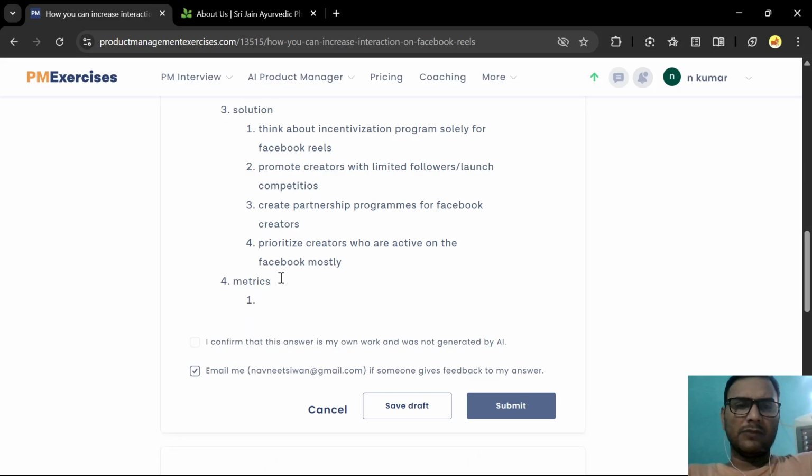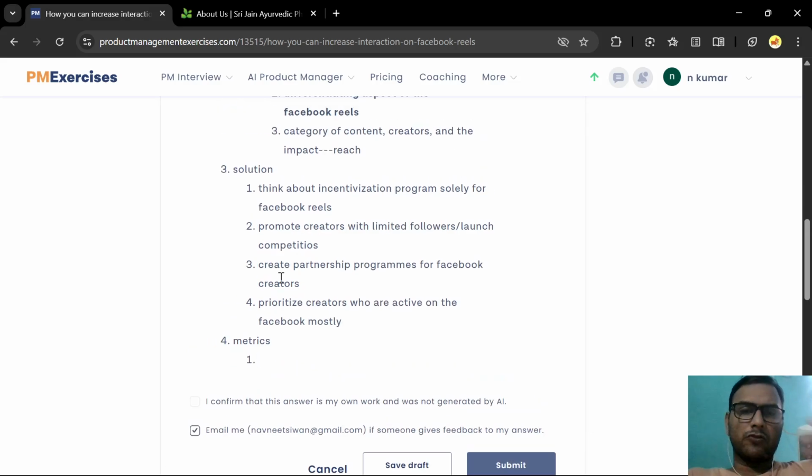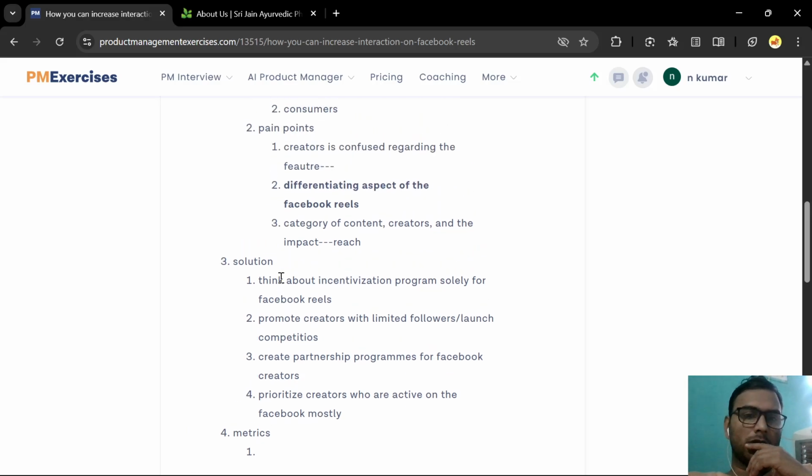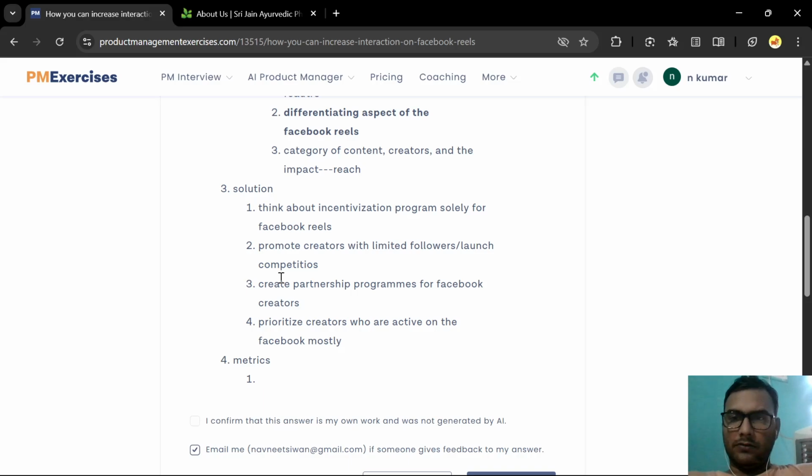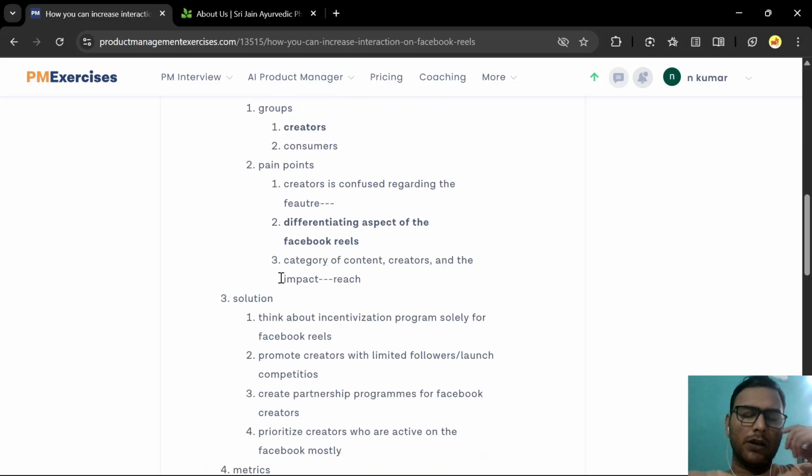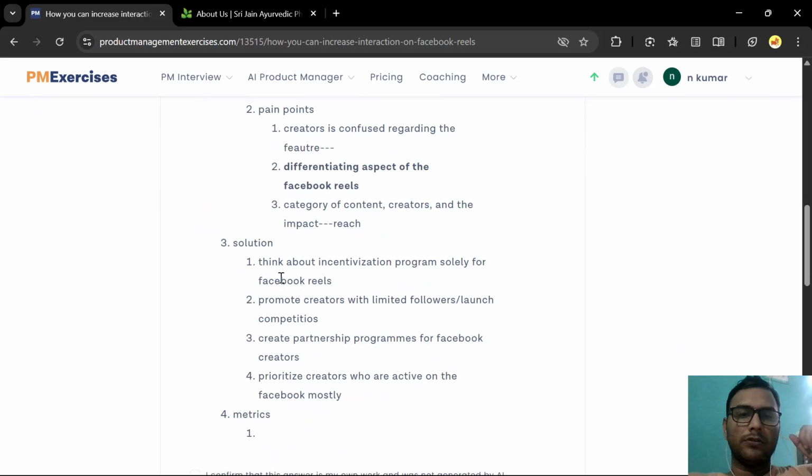Now when we think about the metric, of the different solutions that we have imagined, which one should we prioritize based on the whole problem statement?